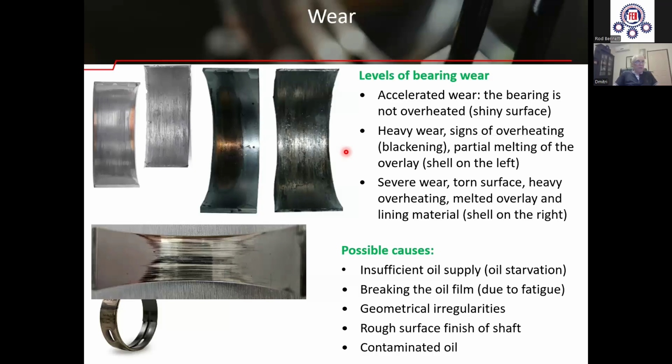Fatigue also breaks oil film and then starts metal-to-metal contact. Then geometrical irregularities such as edge loading or non-parallelism, rough bearing surface or rough shaft surface, and contaminated oil, when oil contains abrasive particles which produce scratches.